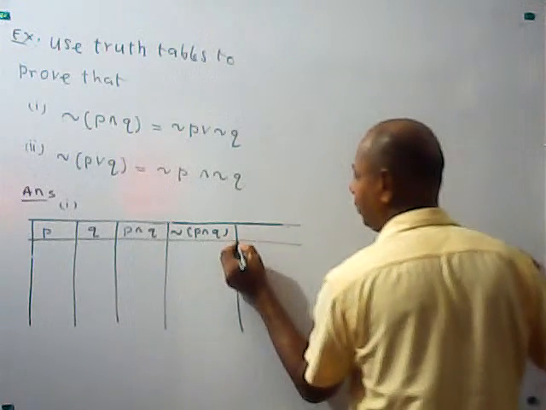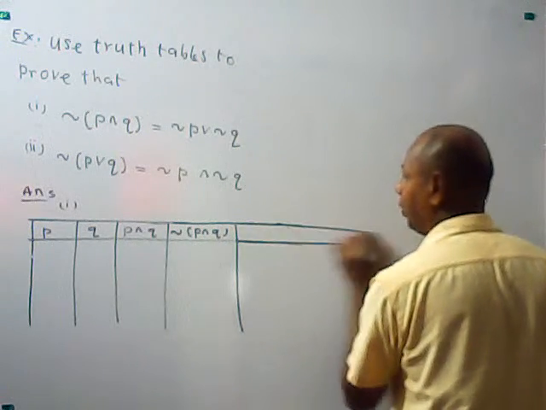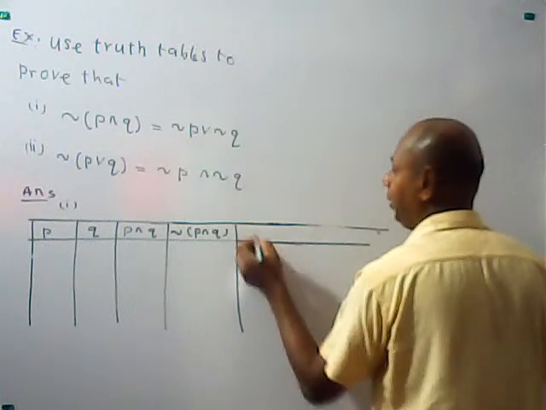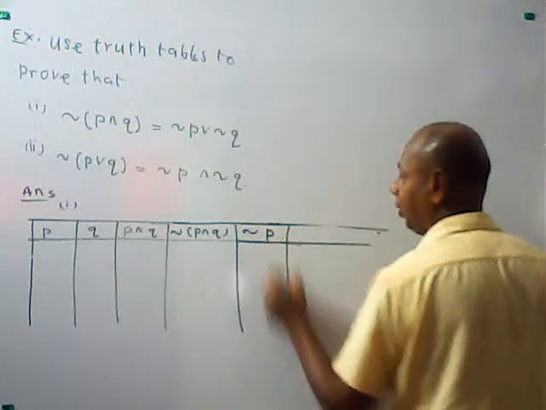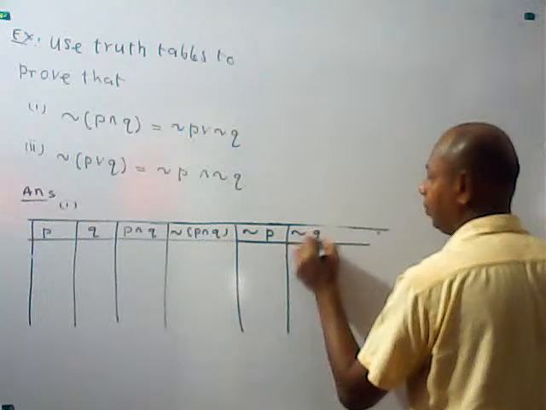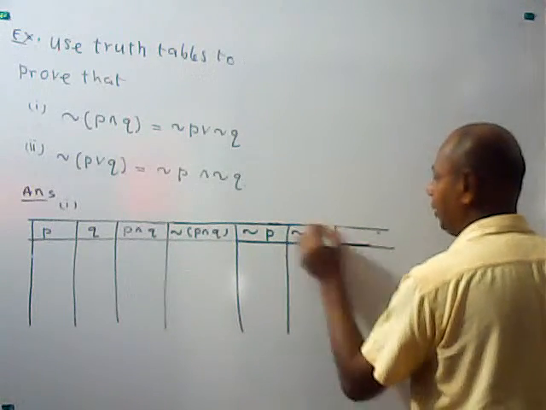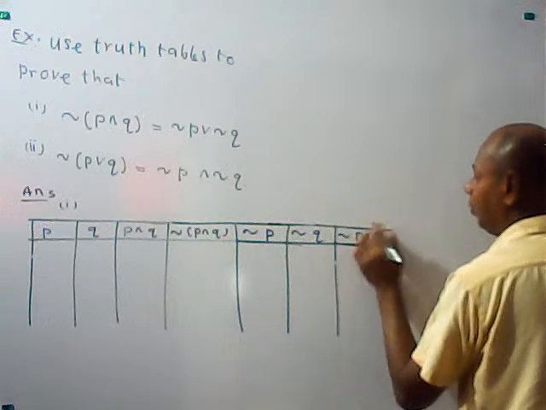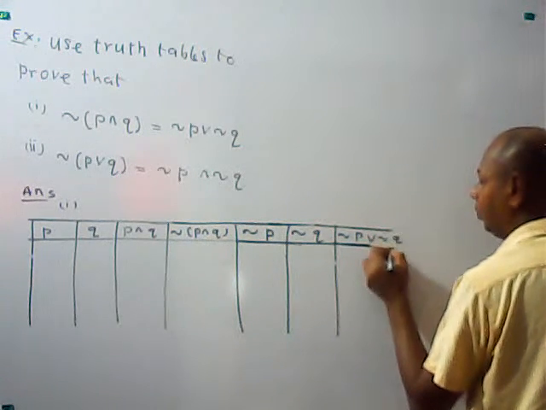For the other side, you need not P, then not Q. So we will find not P or not Q.